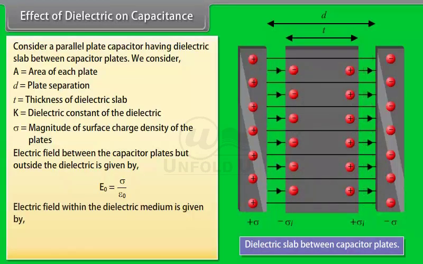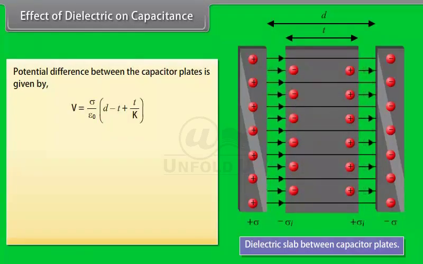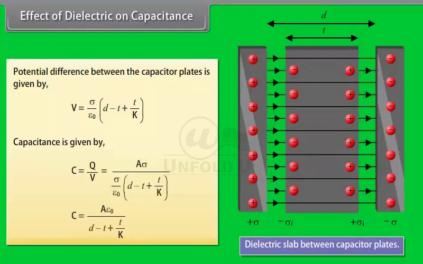Electric field within the dielectric medium is given by E is equal to sigma upon the product of epsilon naught and K. Potential difference between the capacitor plates is given by V is equal to sigma upon epsilon naught multiplied by (D minus T plus T upon K). Capacitance is given by C is equal to A epsilon naught divided by (D minus T plus T upon K).